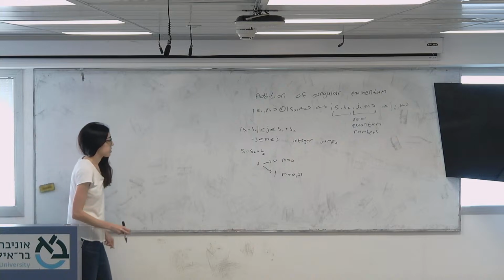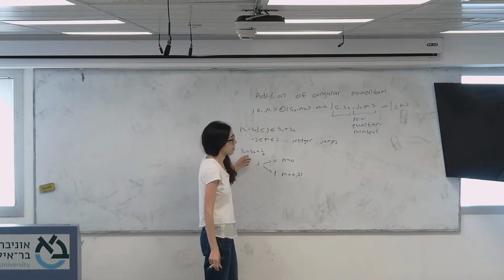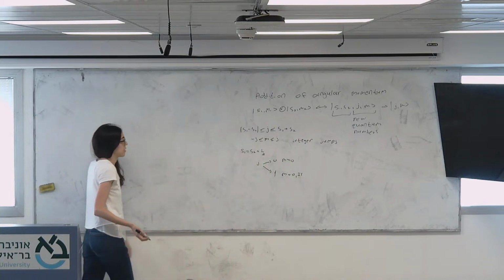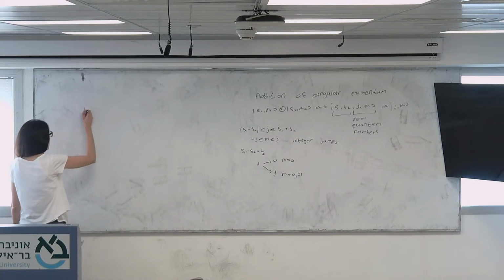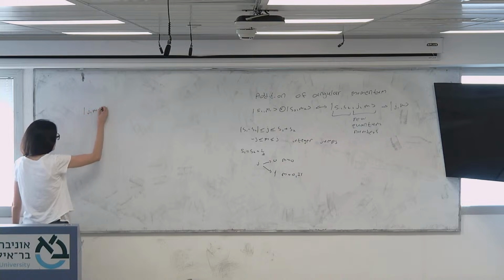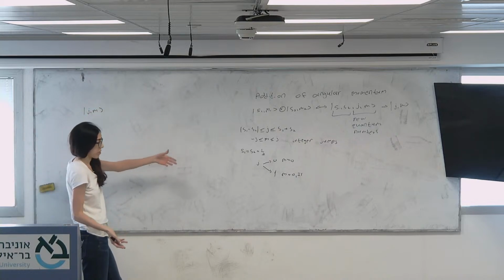Okay, so let's say we know what the quantum numbers are. Now we want to write the explicit eigenstate. I have a state J and M, also S1 and S2, which as I said I'm not going to write.